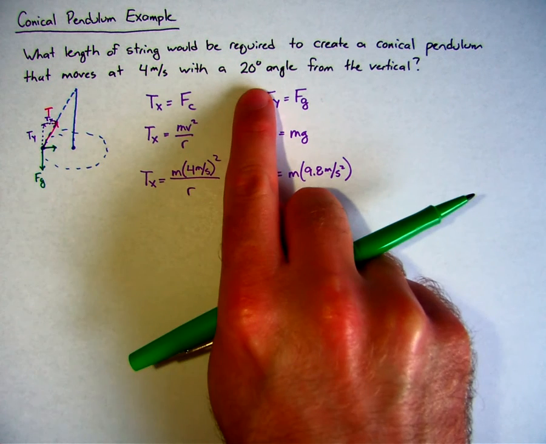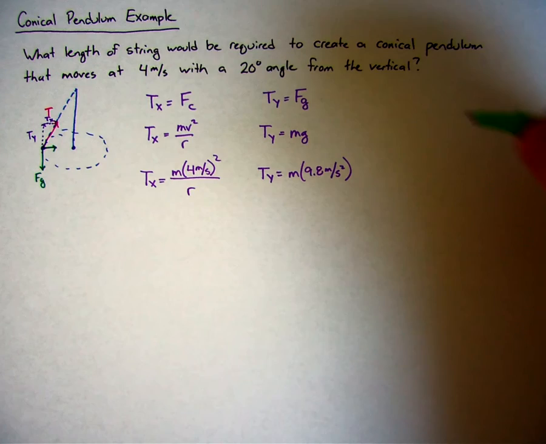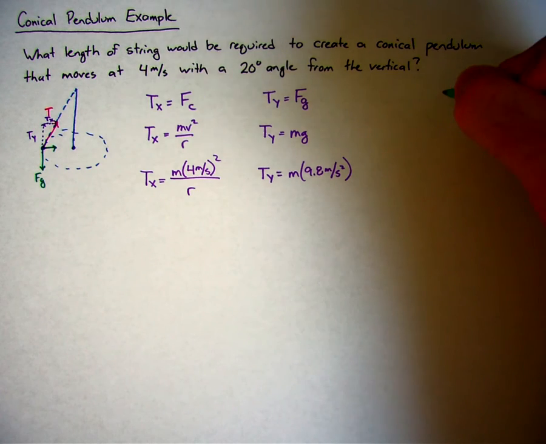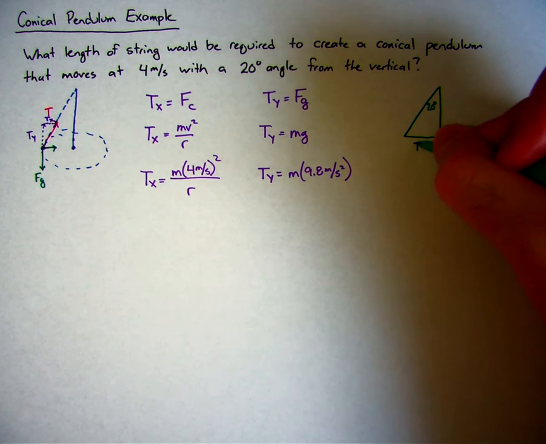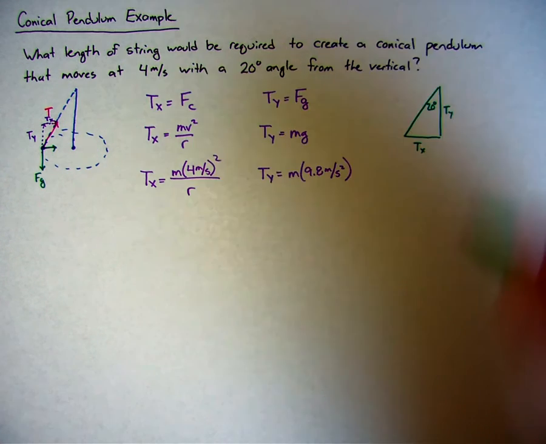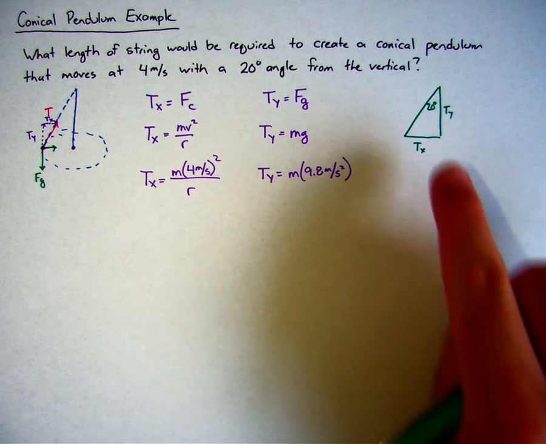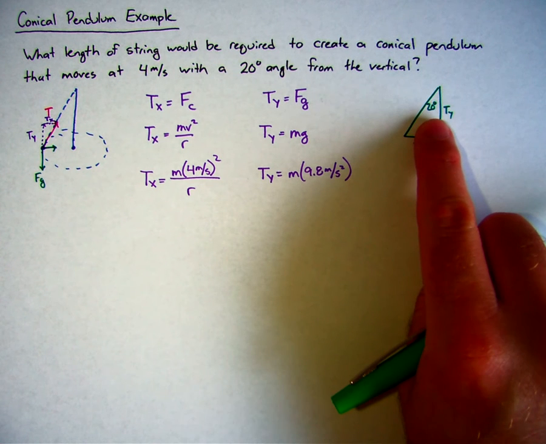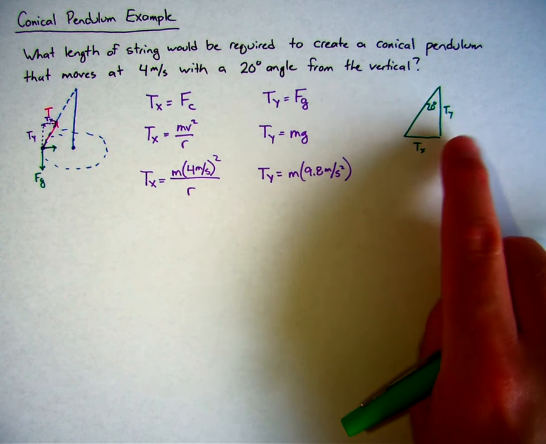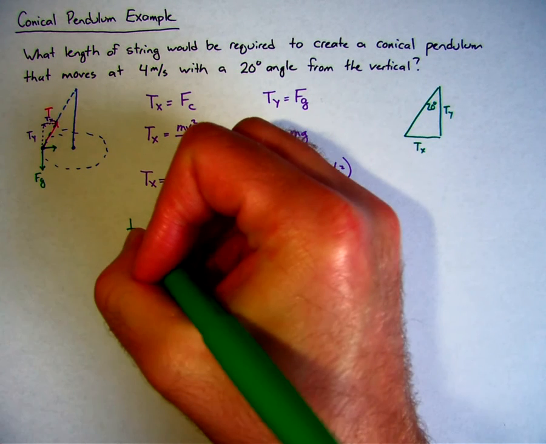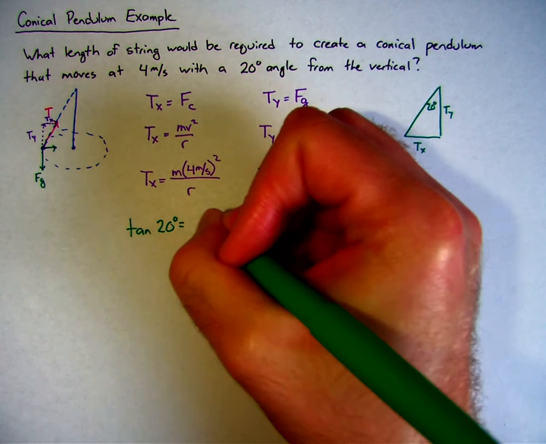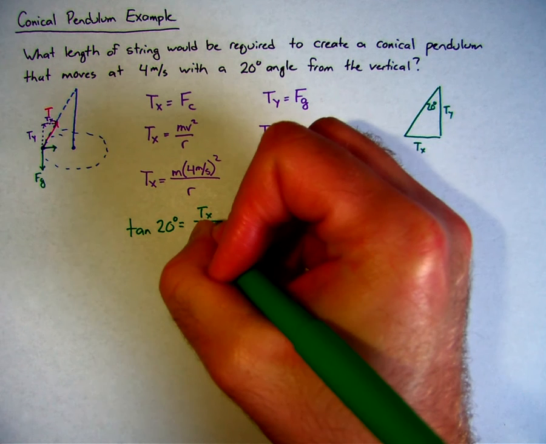I know the angle is 20 degrees from the vertical, which means if I set this up as a triangle, with the vertical, 20 degrees from the vertical, this is going to be Tx, this is going to be Ty, I can just use a trig ratio to set this up. So the tangent of 20 degrees equals Tx over Ty. The tangent of 20 degrees is equal to the x component divided by the y component.